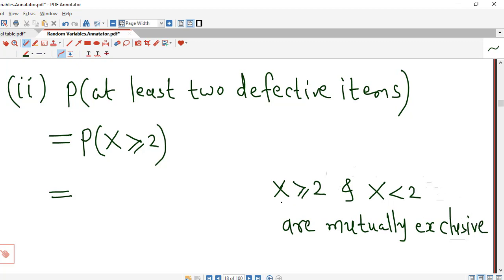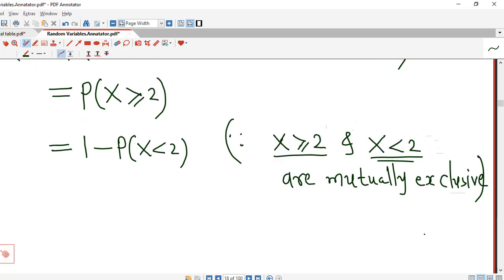So the sum of probabilities of both the events is 1. So we can write this as 1 minus the probability that x is strictly less than 2.